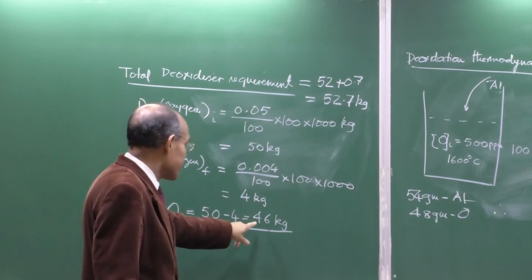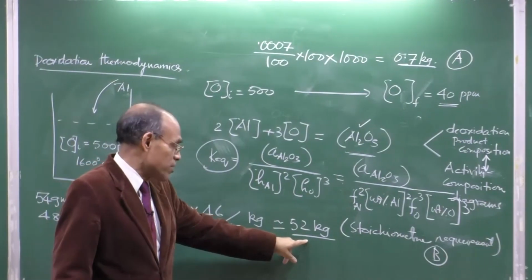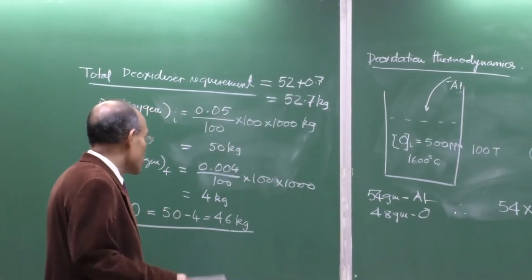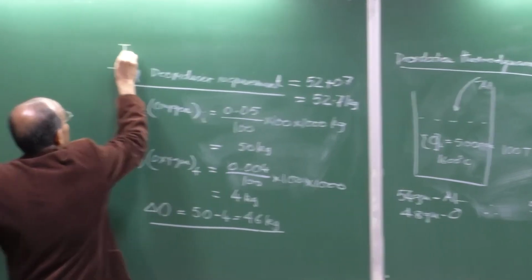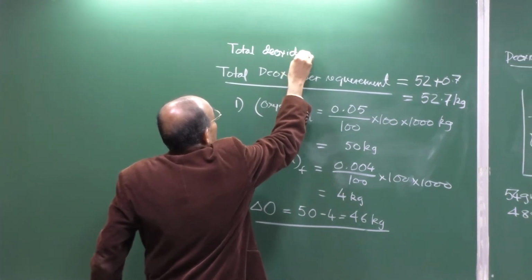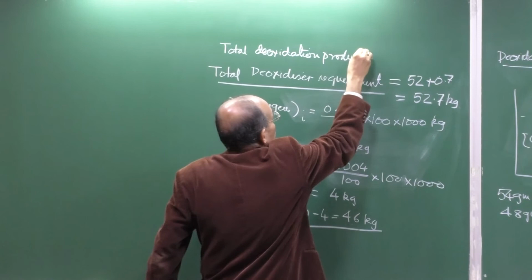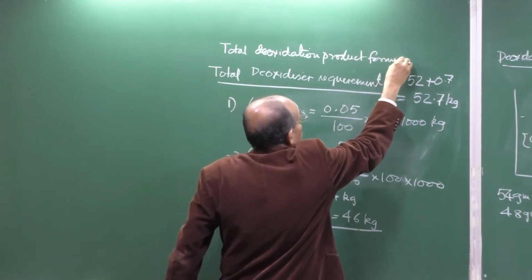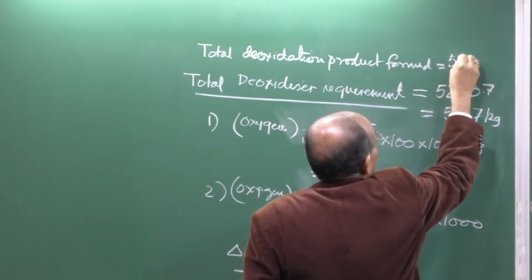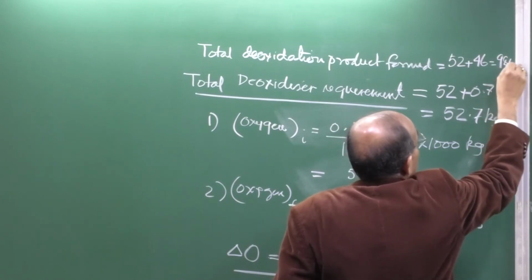I will simply add the amount of oxygen removed with the stoichiometric requirement of the deoxidizer, sum them up, and then say that the total deoxidation product formed is equal to 52 plus 46, and that is equal to 98 kg.